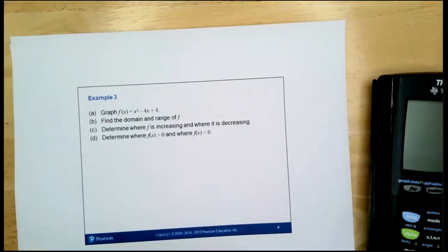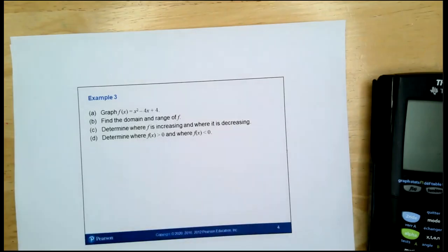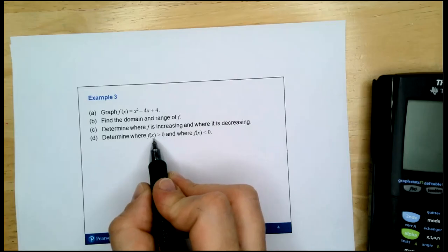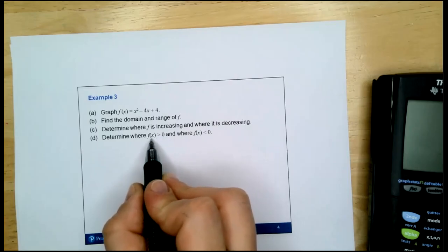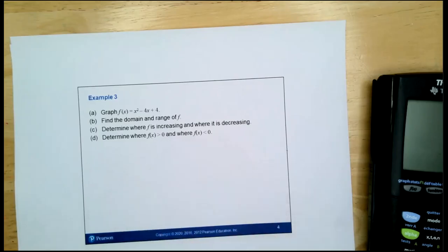Example 3 asks us to graph f of x equals x squared minus 4x plus 4. We're going to graph it by just finding the vertex and the y-intercept, okay? But we do need to find the x-intercepts, because we need to know where f of x is positive and where f of x is negative, okay?